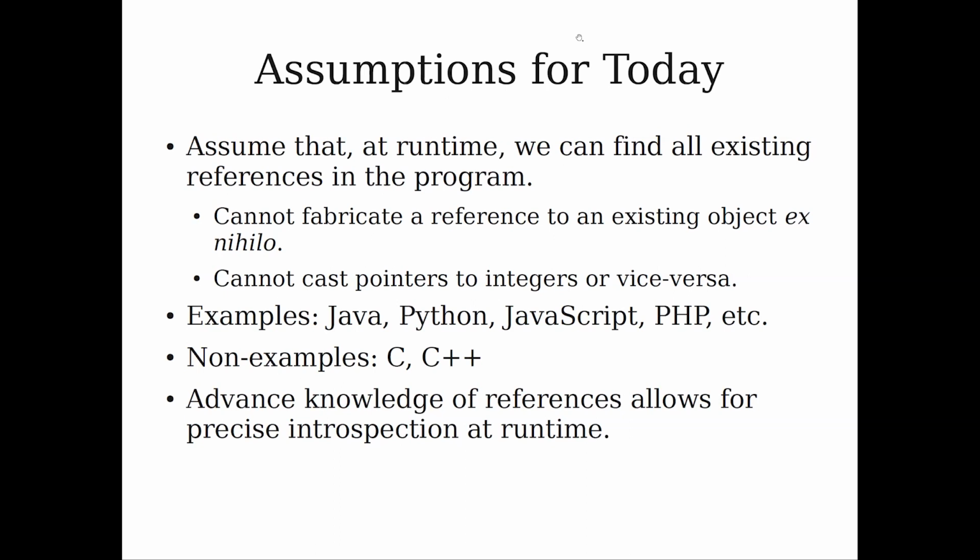C++-like languages allow you to create pointers or references from nothing. At runtime, for a garbage collected language, we should be able to find all existing references in the program. It is very difficult, or in a way impossible, in C++, because an integer is indistinguishable from an address.